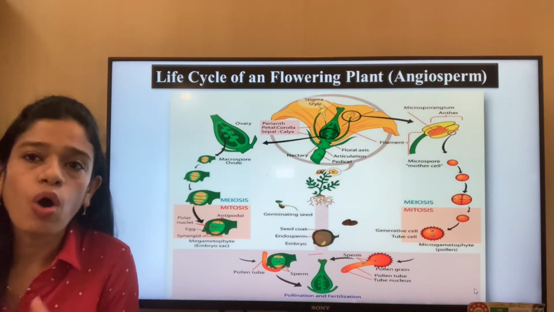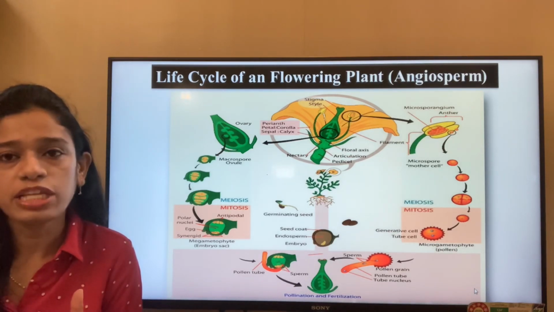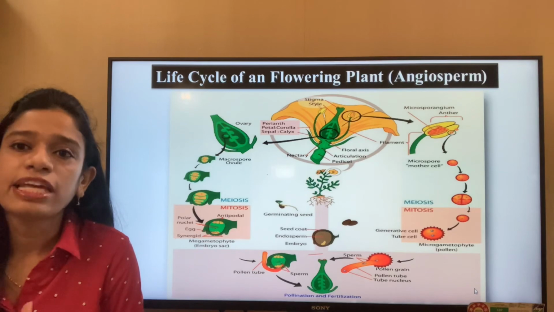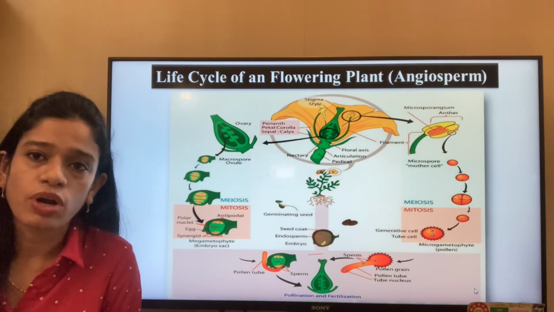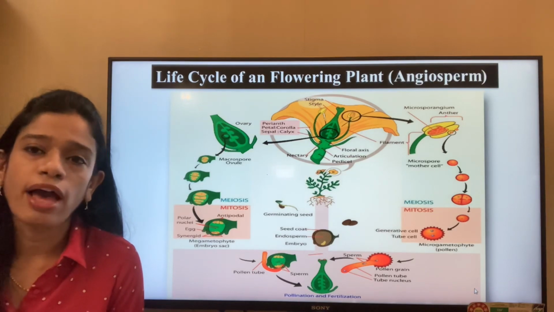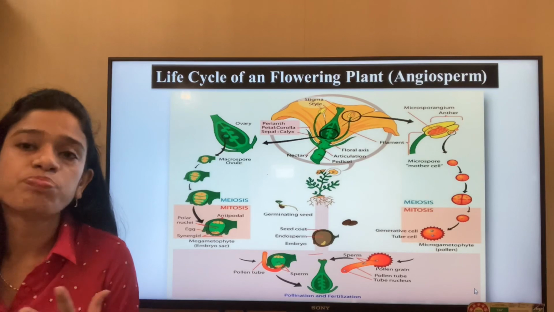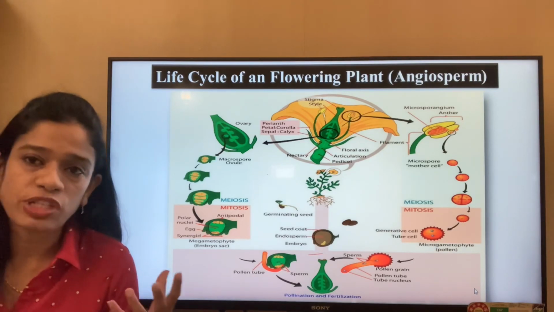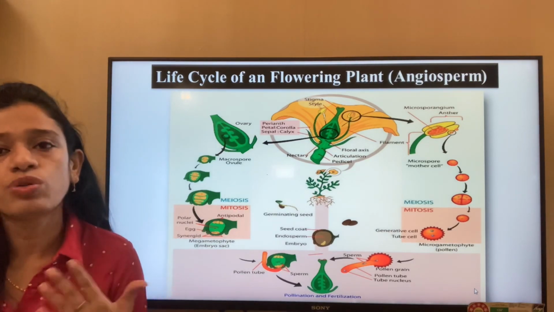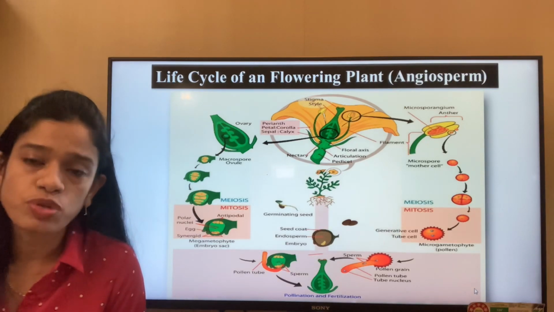So this is all about the sexual reproduction in plants that takes place in the higher organisms or higher plants like the angiosperms. It is mandatory to have the female and the male reproductive parts, as well as some special type of cell division. It undergoes a reduction of the chromosome number.